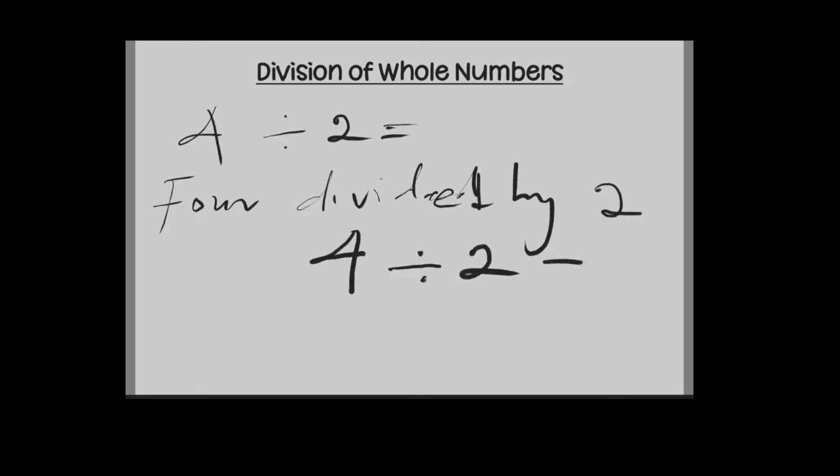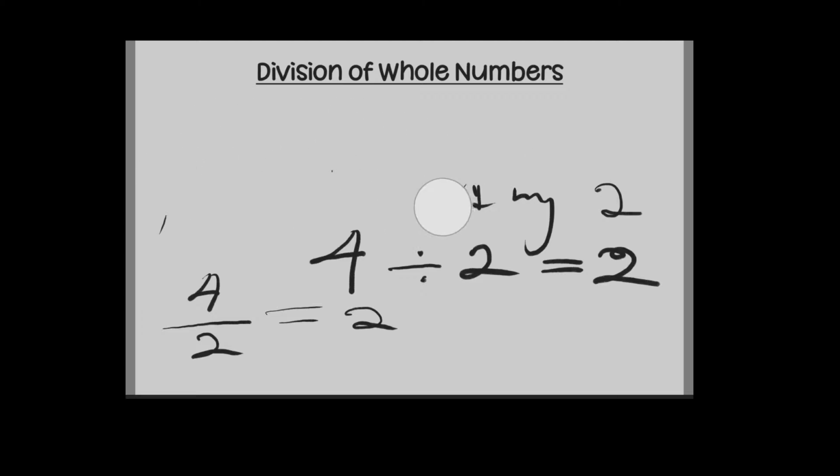The answer to this question is 2. 4 divided by 2 is 2. And sometimes we can write 4 divided by 2 like this. It's also 2.